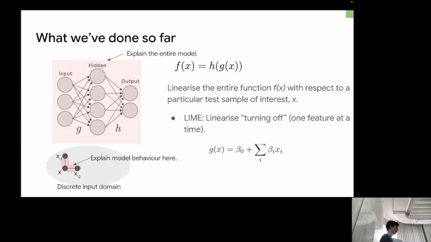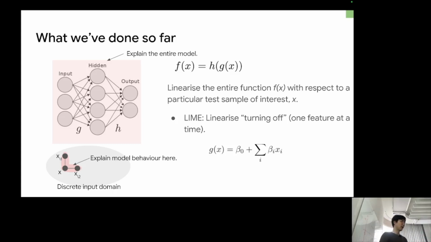Lime as well is, now we shift from continuous input space to discrete input space, where the features can be turned on or off. But now the test point of interest has multiple features turned on, as in the integrated gradient case. And now what Lime is interested in is still the local behavior around the test point of interest.